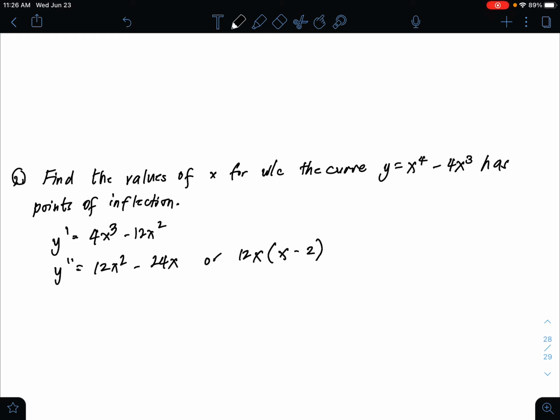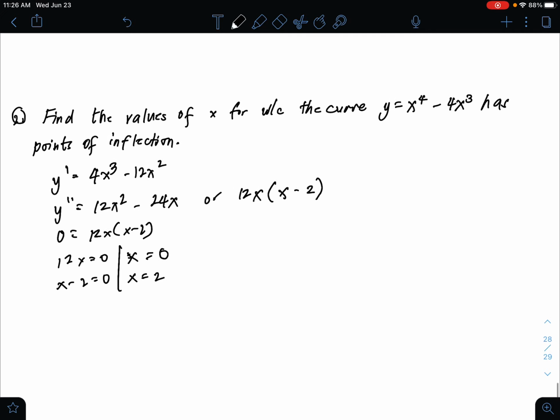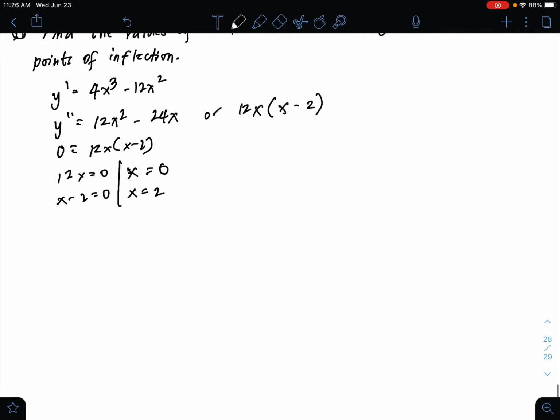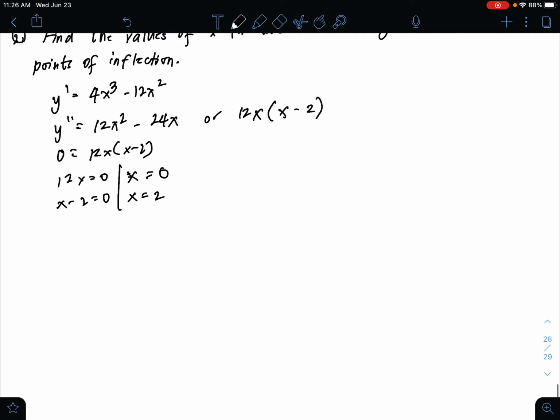Okay, so we can get two values of x here. 0 equals 12x times x minus 2. 12x equals 0. X minus 2 equals 0. Therefore, we have x equals 0 and then x equals 2. So duha atong points of inflection. Now we will get the y values of each.